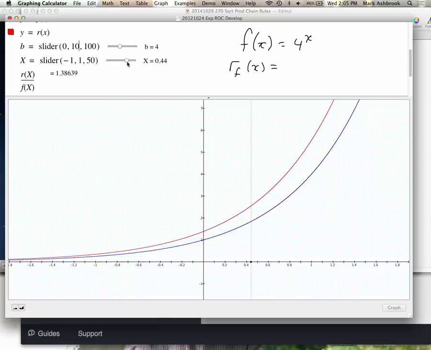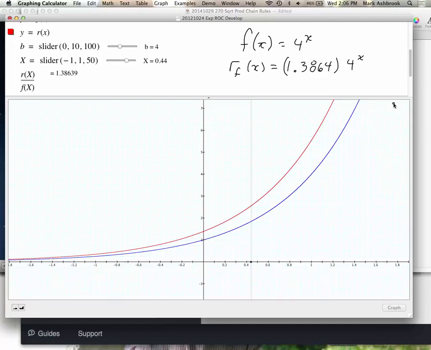The rate is always what? Yeah, 1.3864 times 4 to the x.